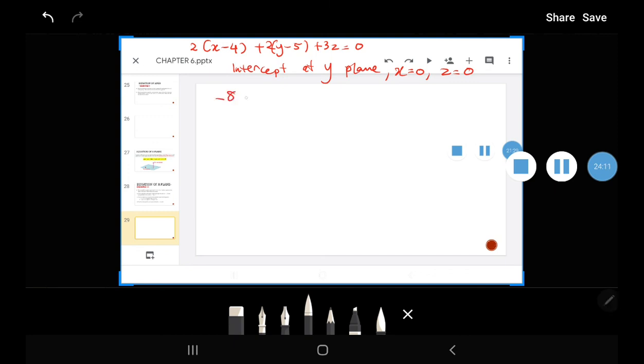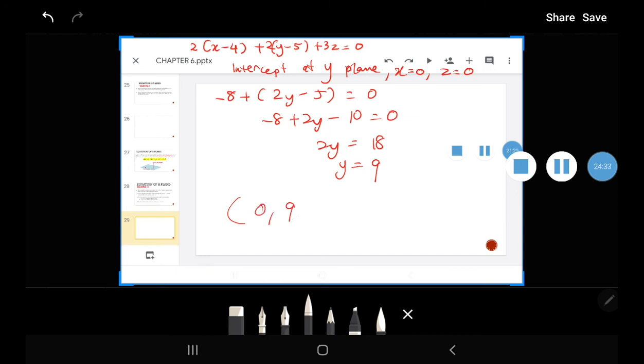So 8 plus 2y minus 5, minus 10 equal to 0, and 2y should be 18 where y is 9. So the point of interception at y plane is 0, 9, 0.